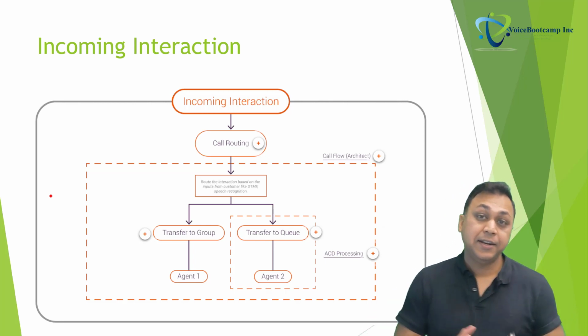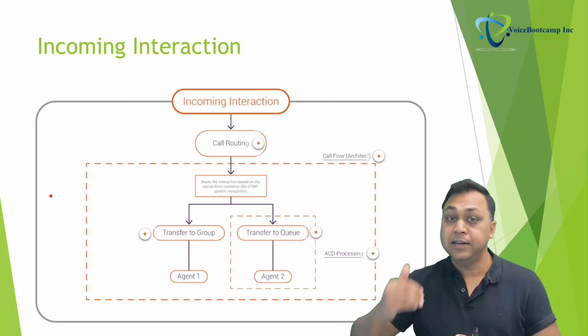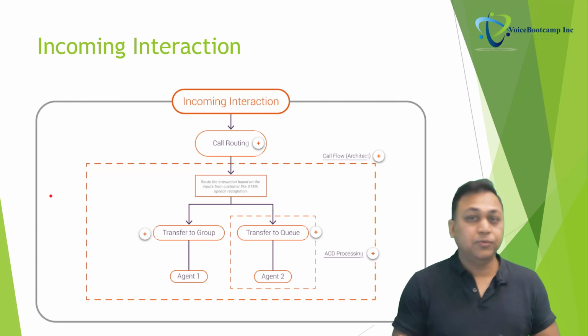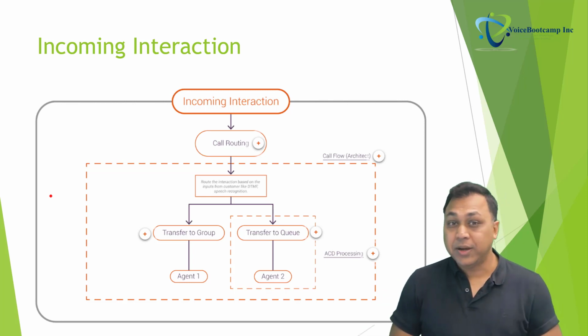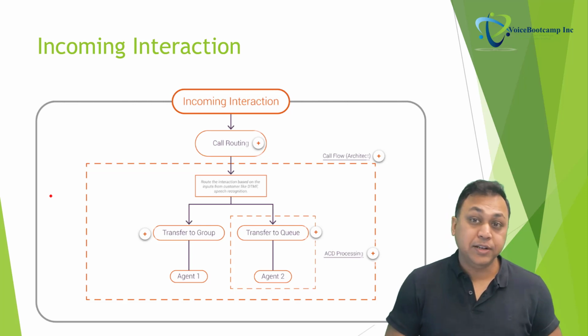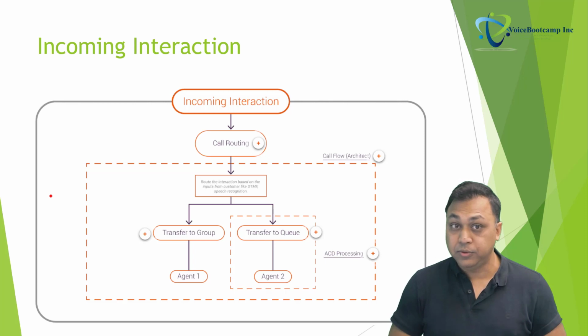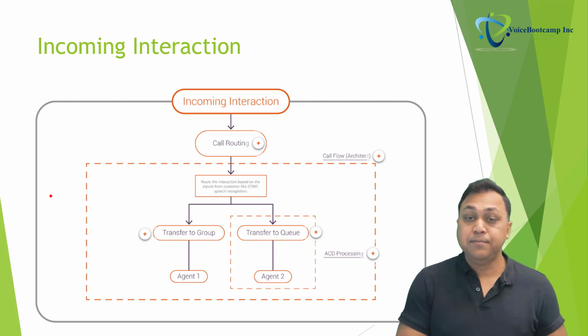So if you want to handle all inbound calls, you go to Architect and create an inbound call flow. You cannot assign an outbound call flow to an inbound call. Emails are routed directly to a queue based on the admin settings or via the inbound email flow that you create in Architect. ACD messages are routed via the Architect inbound message flow.